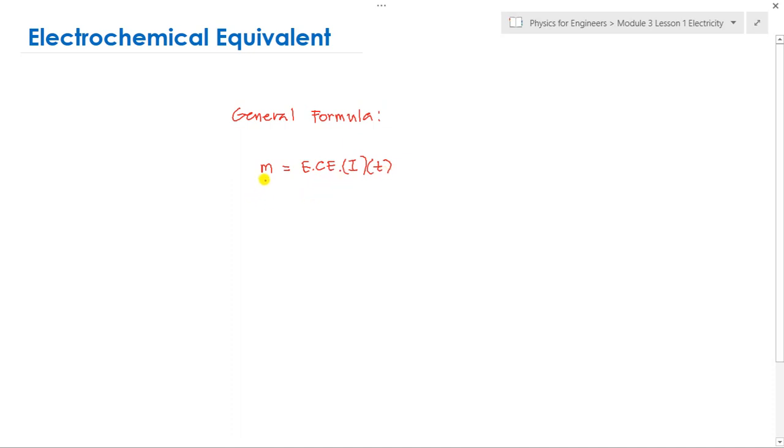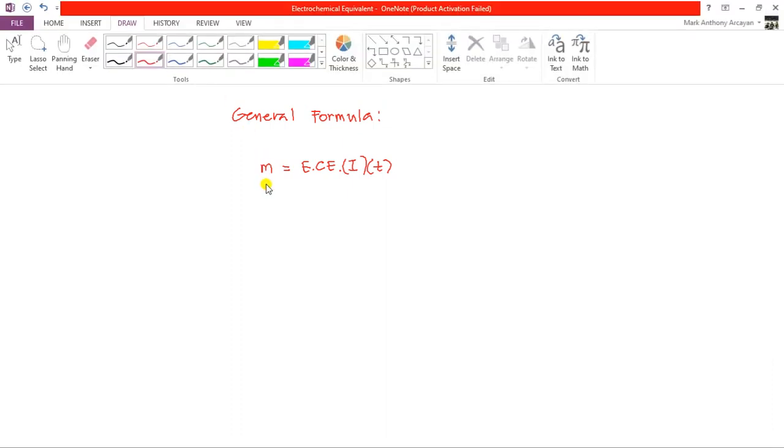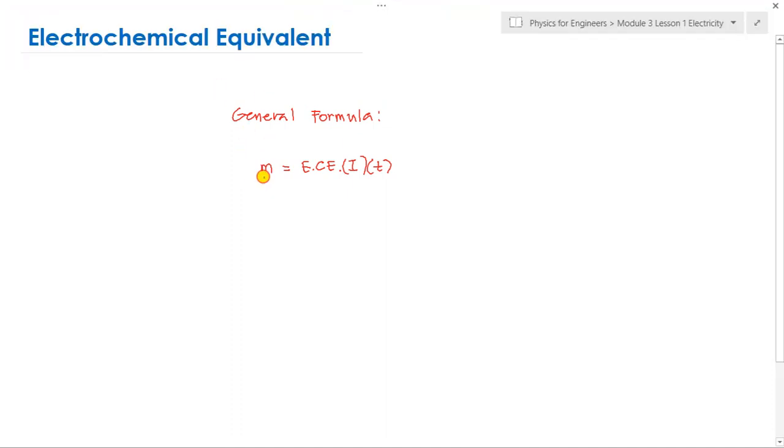So to label, this one represents the mass of our element undergoing electrolysis, a chemical reaction that produces electricity. ECE is the electrochemical equivalent during electrolysis.